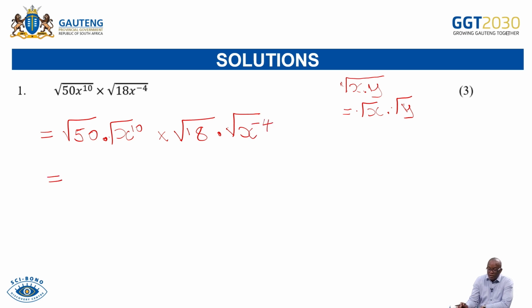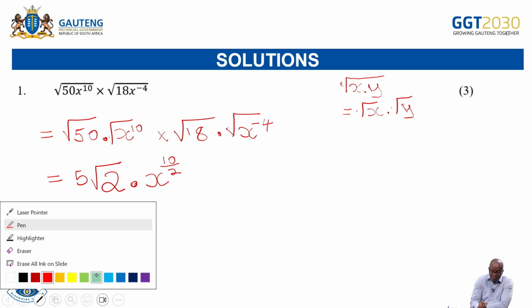So now here, if you know that the square root of 50, you will see that 50, it can be made by 25 multiplied by 2, and 25, it will be your perfect square. Then if you say square root of 50, you're basically going to have 5 root of 2. Then with the one of variables, we apply that rational exponent, which is 10 divided by 2.